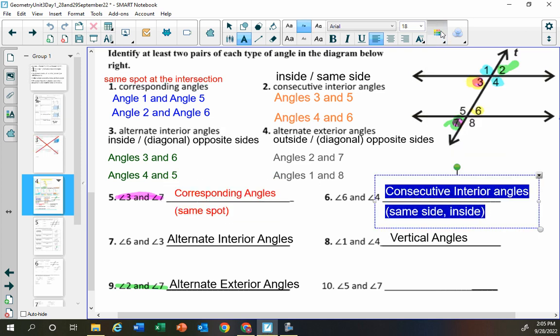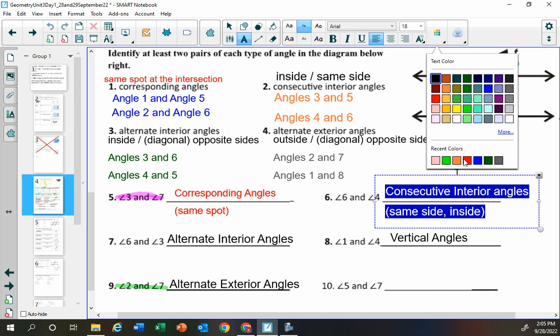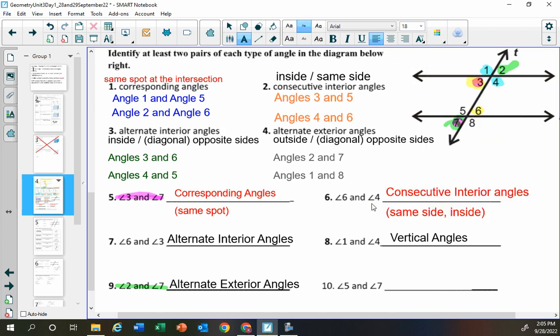Wouldn't 5 and 7 be vertical angles? Oh, never mind. Yeah, no, because the 5 is much longer and 7 is much shorter. Wouldn't 5 and 7 be corresponding? Not totally, be careful with that.